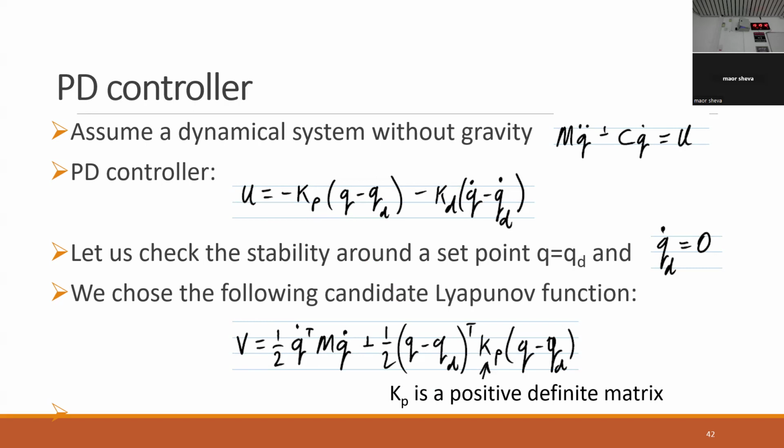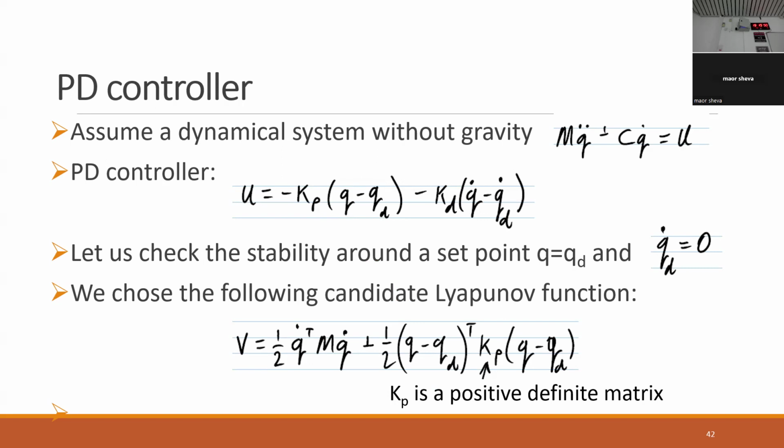So Q desired will cause U to be 0, and therefore Q dot and Q double dot will have to be 0 as well. Therefore, the point Q desired, Q dot equals 0 is an equilibrium.